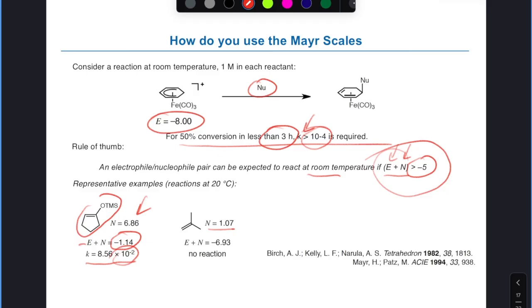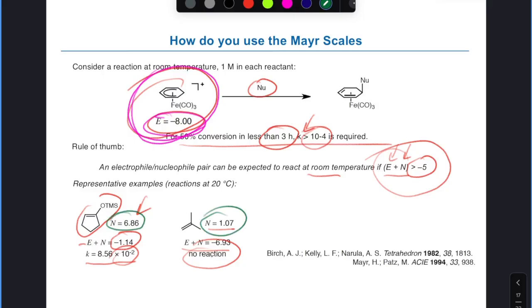E plus N for that one means there's going to be no reaction if you're trying to use that electrophile. So what I'm testing there is to say, given this electrophile with an E value of minus 8, and these two nucleophiles, N equals 6.8 versus 1.0, that combination is not predicted to do anything, or at least not fast enough, versus the other one, it would actually be productive.